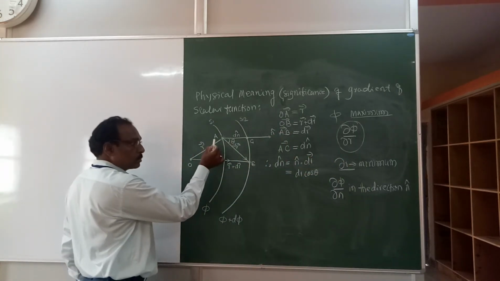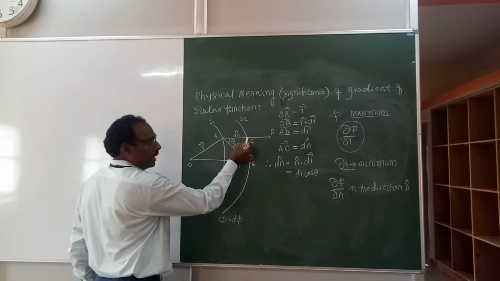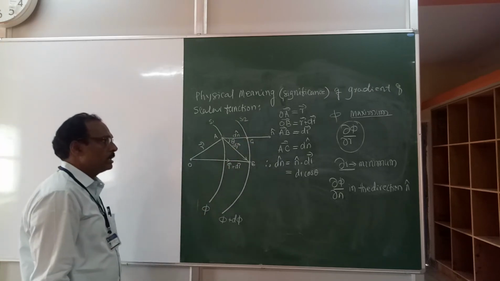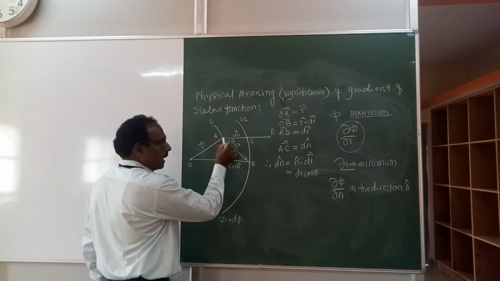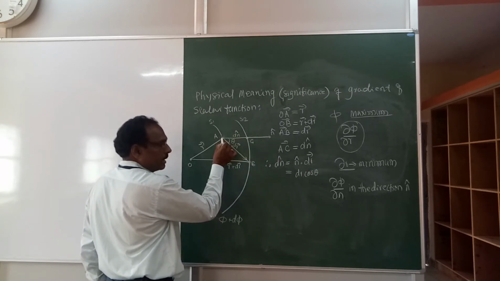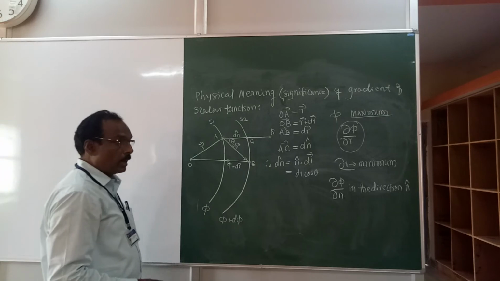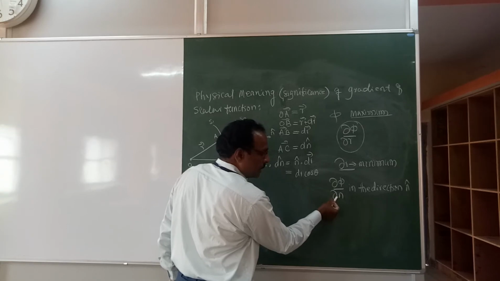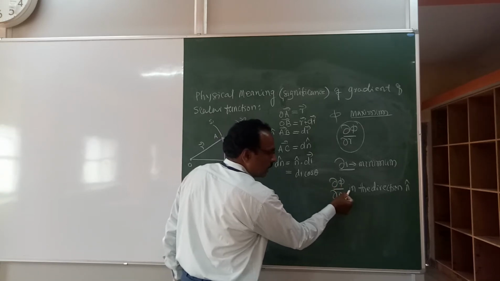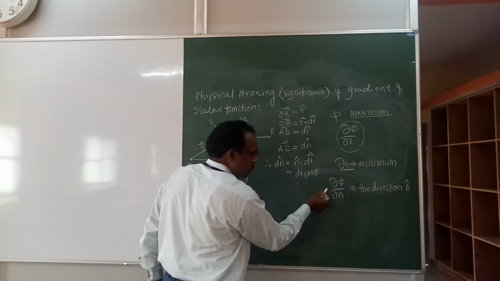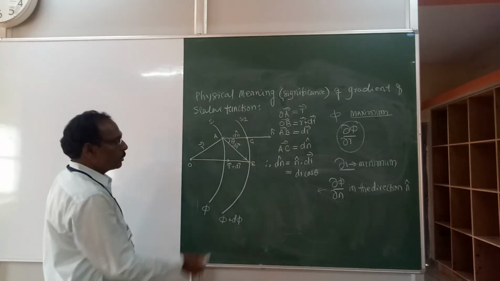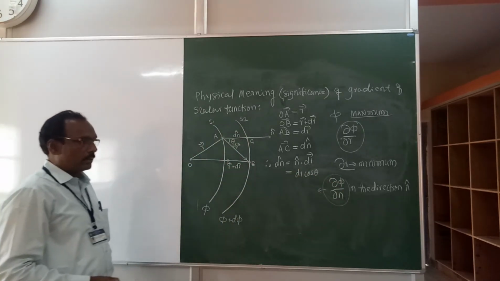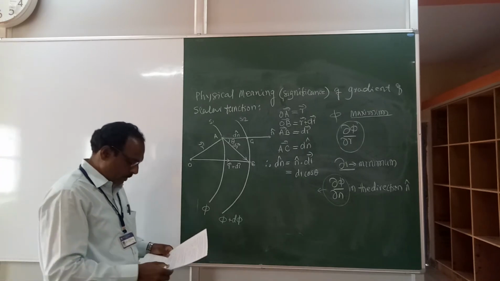This dr is minimum along AC, because it happens to be the least distance between the two surfaces, that is along the normal at point A, along the unit vector. And this rate of increase, dou phi by dou n in the direction of n, is maximum. The rate of increase of a function is given along the direction of the unit vector.